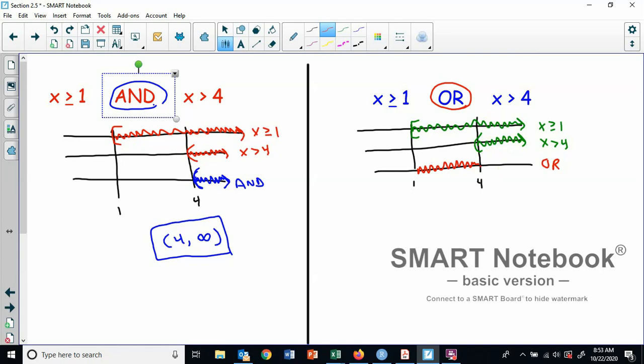So my answer starts at 1, so look up and grab the same symbol. Okay. And so interval notation would be from 1 to infinity. Okay. So there we go. So notice this gives you a bigger group of people that are allowed in the club, because OR is more inviting, more inclusive, and AND is more restricting.